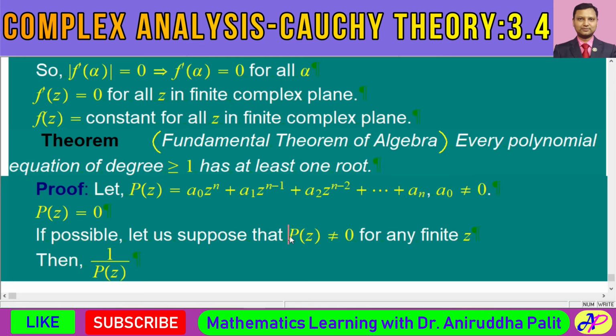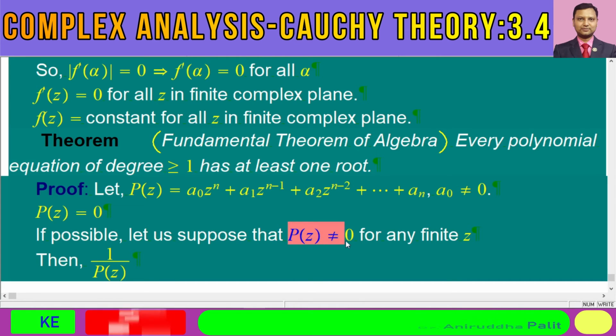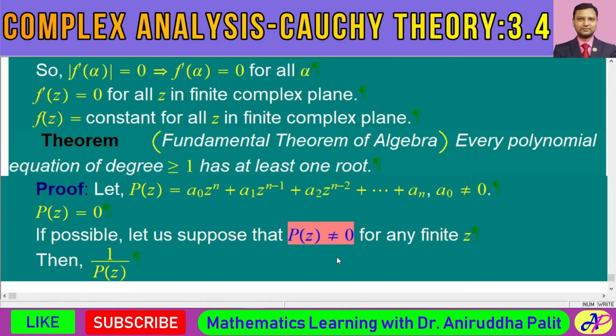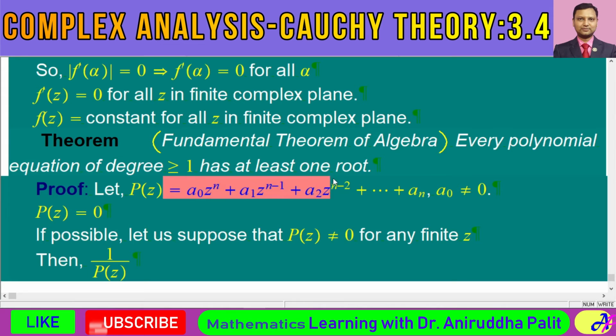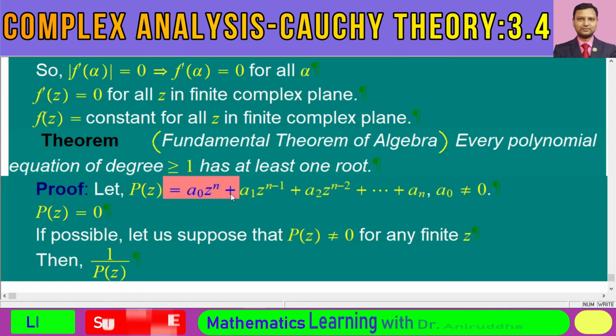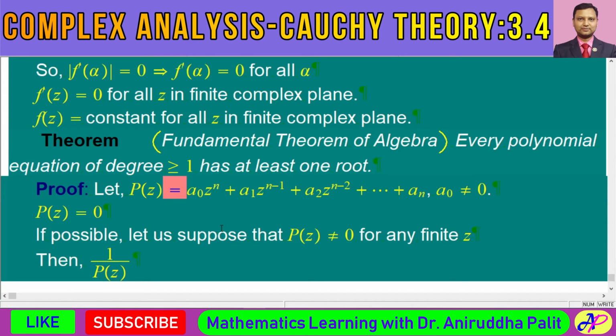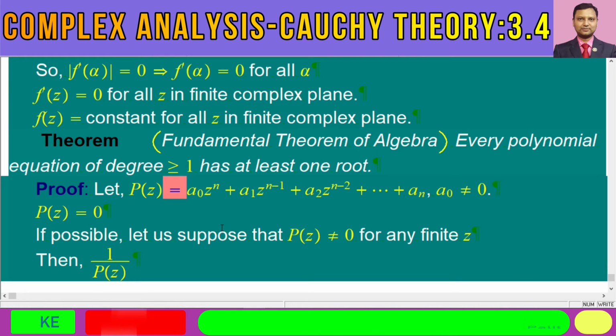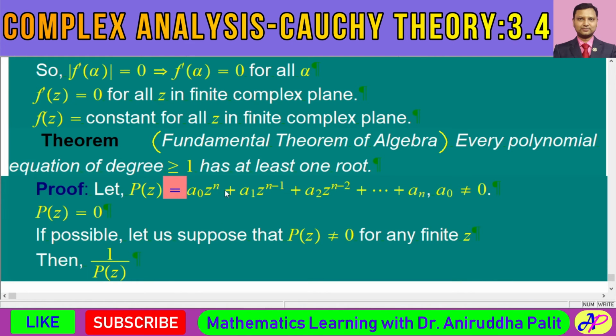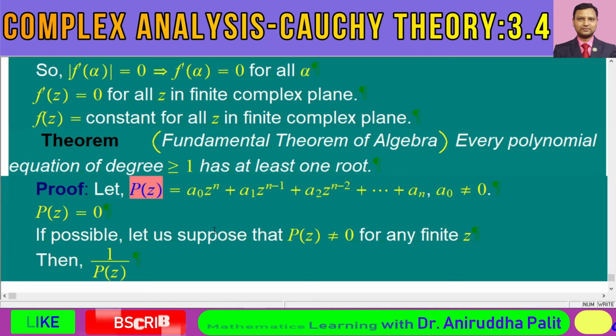P of z is a polynomial, you can always differentiate it whatever times you consider, 1 time, 2 times, or whatever. So p of z is always differentiable for all values of z. Therefore, it is an analytic function.